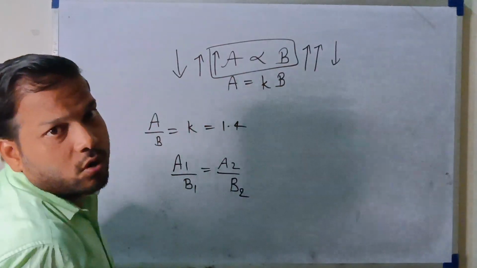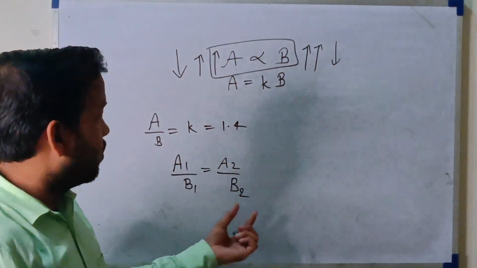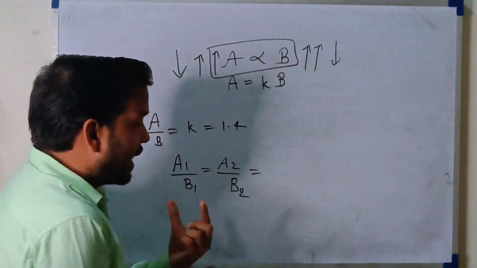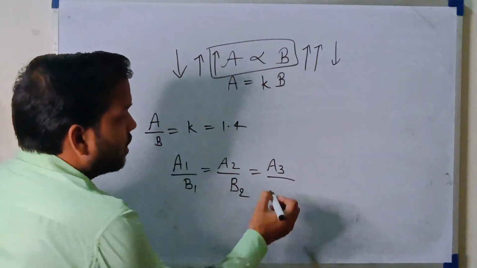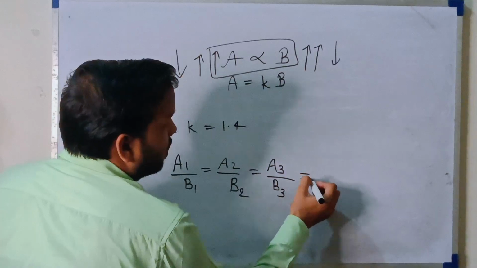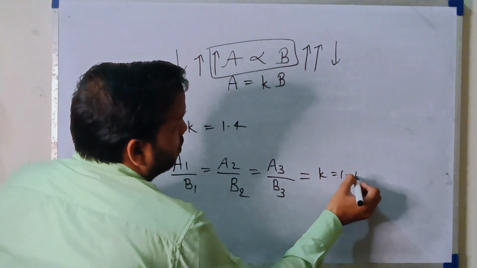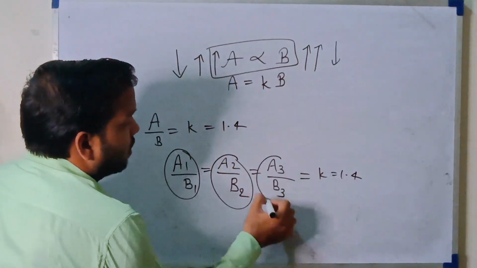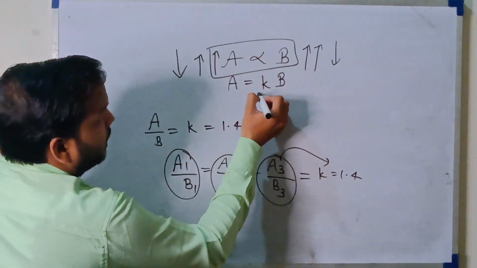Again, if you choose the value of A as A2, then the corresponding value of B will be B2. And if you choose A3, then the corresponding value of B will be B3, and all these ratios will be equal to a fixed constant, let us suppose 1.4. It means all these ratios will be equal, and that's why we use a constant here.